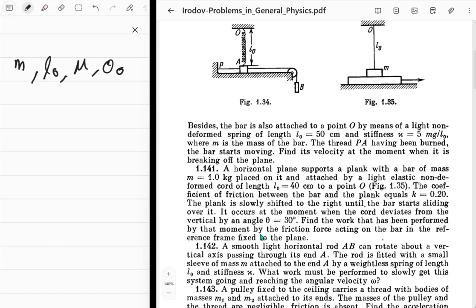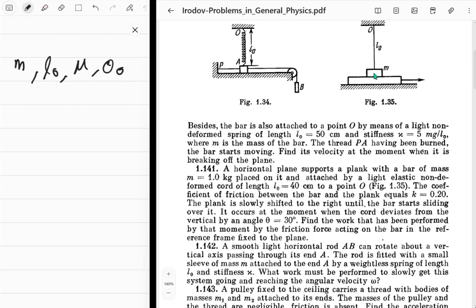But you want the work acting on the bar in the reference frame fixed to the plane. That is why the work-energy theorem works in that case. But this is weird, because the bar is not displacing as seen by the plank's frame.